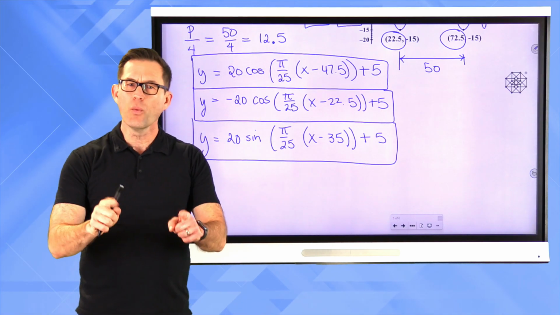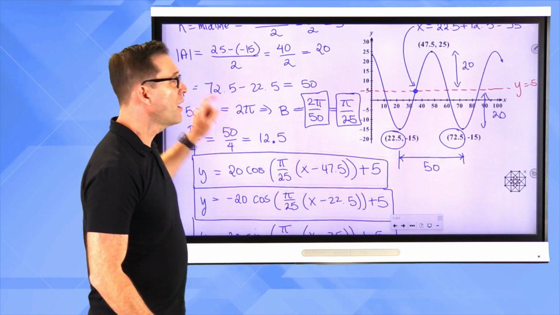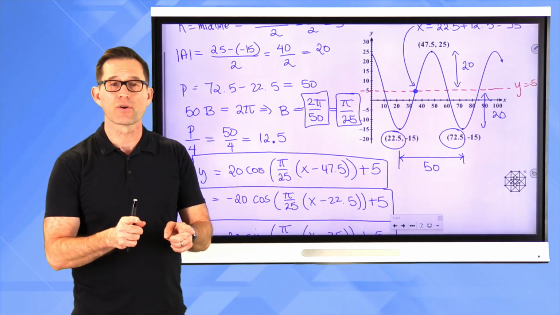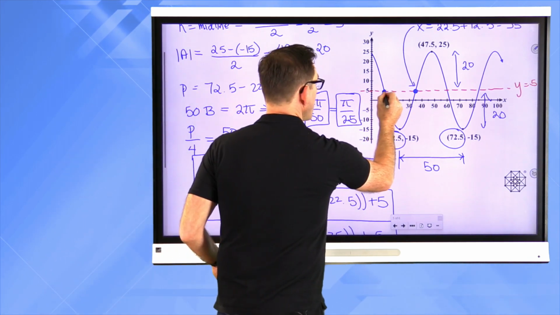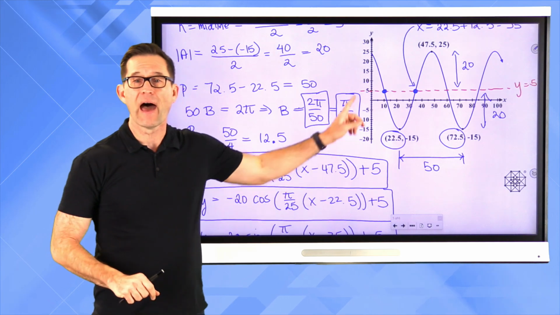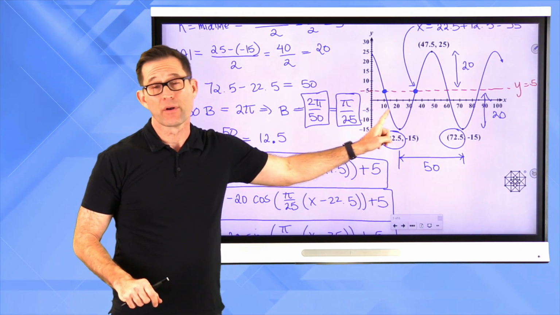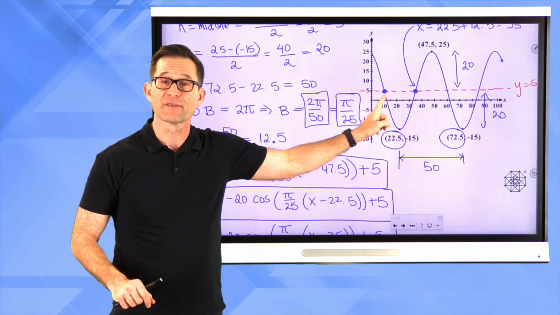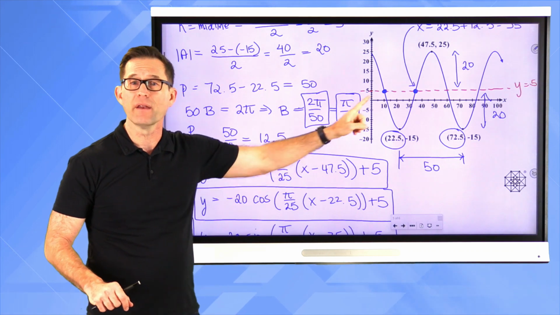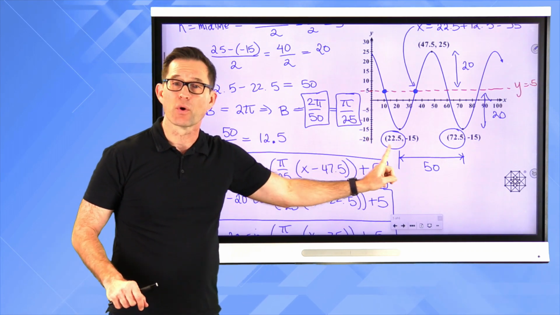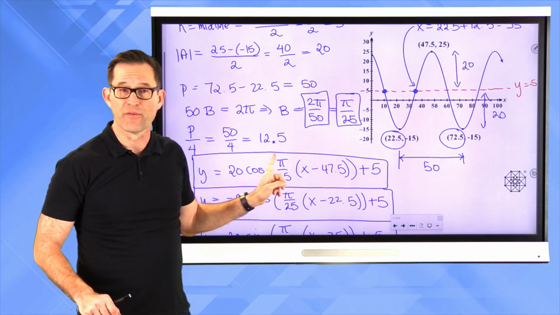Okay, and let's do one more of them. I know I said only 2, but now we're going to do 4, because I could also have a sine curve where a was negative. That would be a situation where the curve starts at its midline, but then decreases out of it. Now, in order to do that one, I would have to know the x-coordinate right there. It looks like it's at 10, but let's make sure of that. To figure out that particular x-coordinate, I would take this one again, and I would subtract 1/4 of a period.